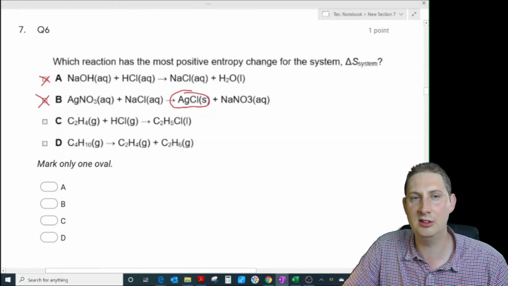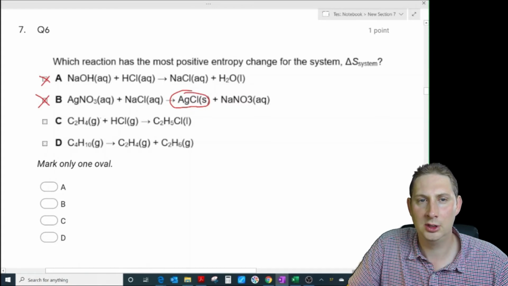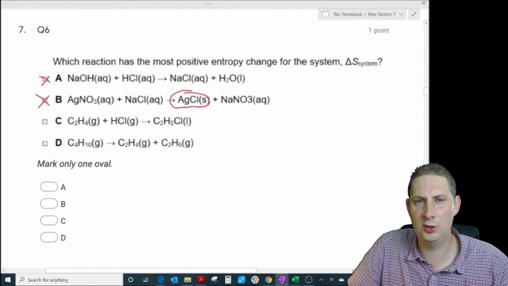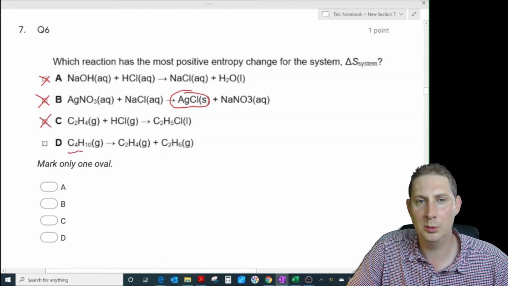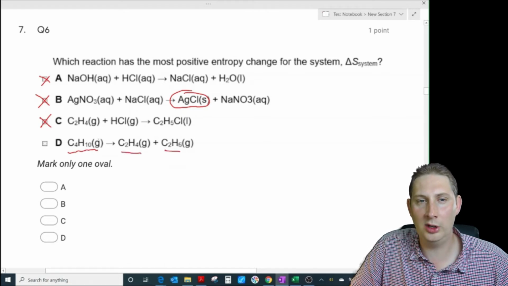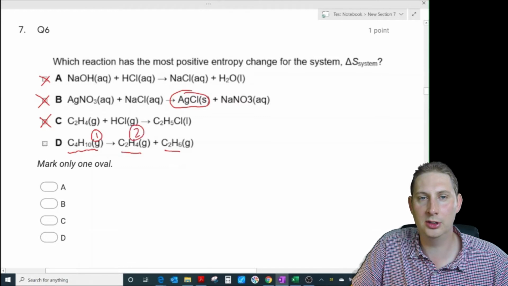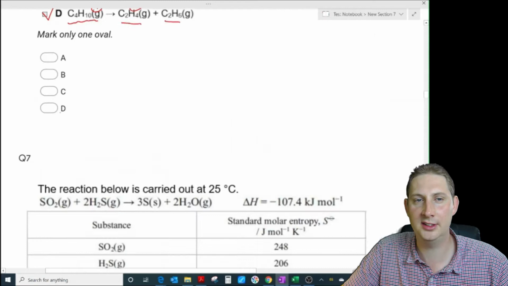That's definitely a decrease in entropy of the system. You've got 2 gases here forming a liquid. No, that's a big decrease in entropy. But here we're cracking butane into ethene and ethane. 1 gas molecule becoming 2 gas molecules. So yeah, that is a big increase in entropy of the system, so D.